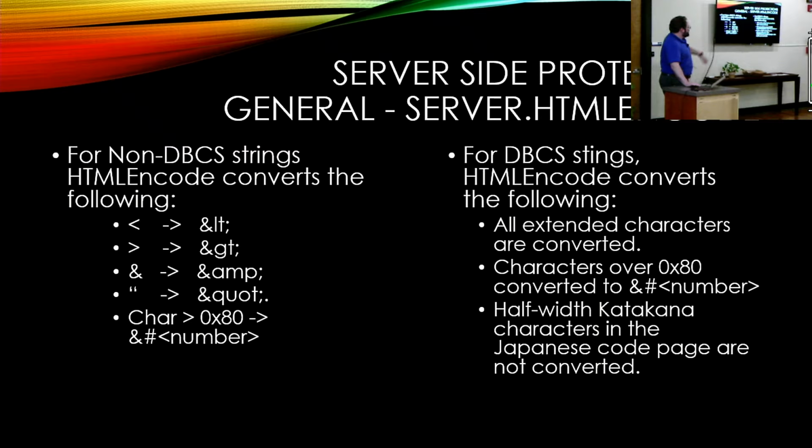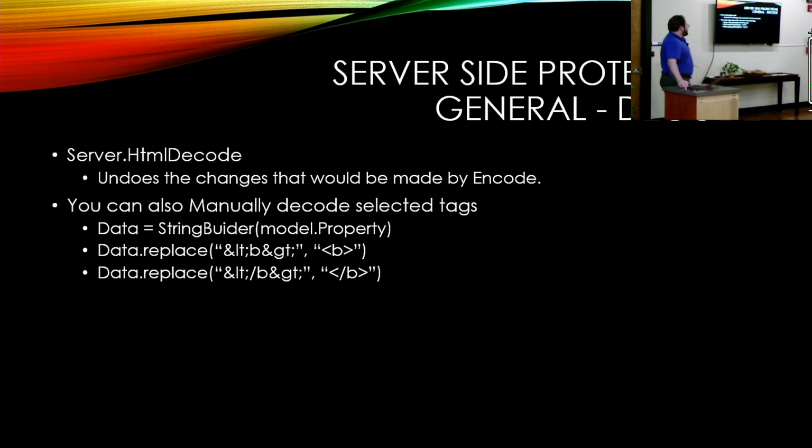Also, if you go with the double character set strings, there are a few extra rules. Personally, I've never actually played with Japanese characters in any of my code. Now, if you want to undo this, you can just use Server.HtmlDecode.